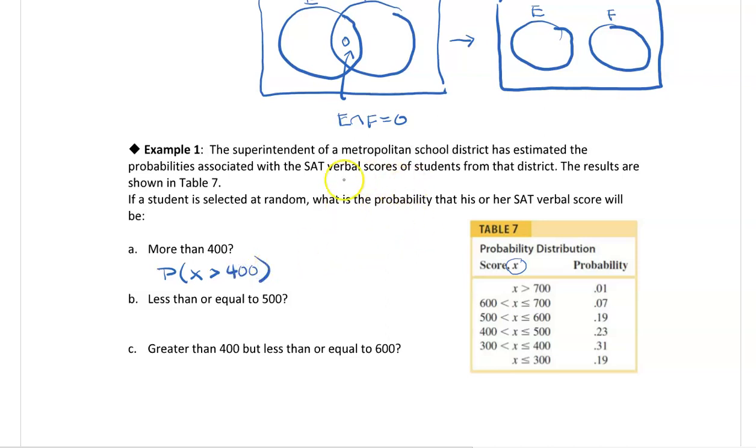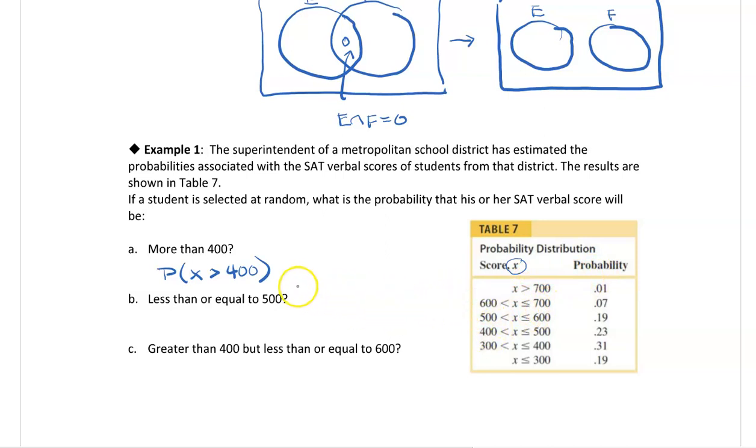This is a set of SAT scores for a particular metropolitan school district, and the score distribution is shown here with the corresponding probabilities. These probabilities are just the relative frequency of those ranges of scores.